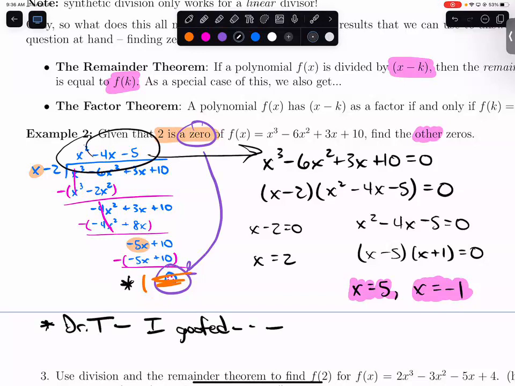I grade stuff following along with whatever you did, as much as I'm able and as long as it's legible and whatever else. So you made a mistake here. I'm going to keep tracking and see, okay, well, did you do stuff right after that? So I added those and I got 6 or something instead of 5. That's going to cost you like a point if you go ahead and do all the other stuff correctly.